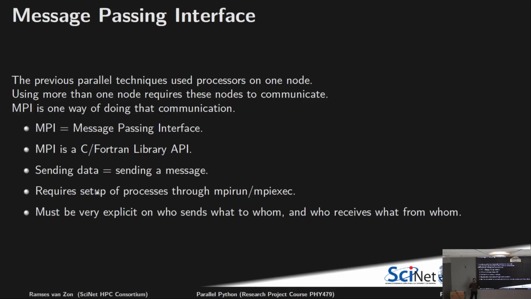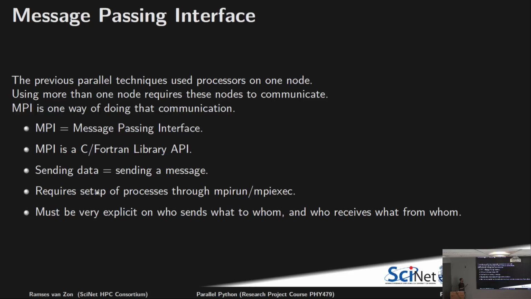And if they have to know something about some of the other processes, they basically have to communicate. They have to send messages. So one process has to send a message saying, hey, here's my variable x, and it has this value. And then the other process says, oh, I'm ready to receive a variable, and it just sits there waiting until it gets it. So you're very explicit in sending and receiving these messages, and data is one kind of message. So it's a little bit of a funny name, but that's what it is.